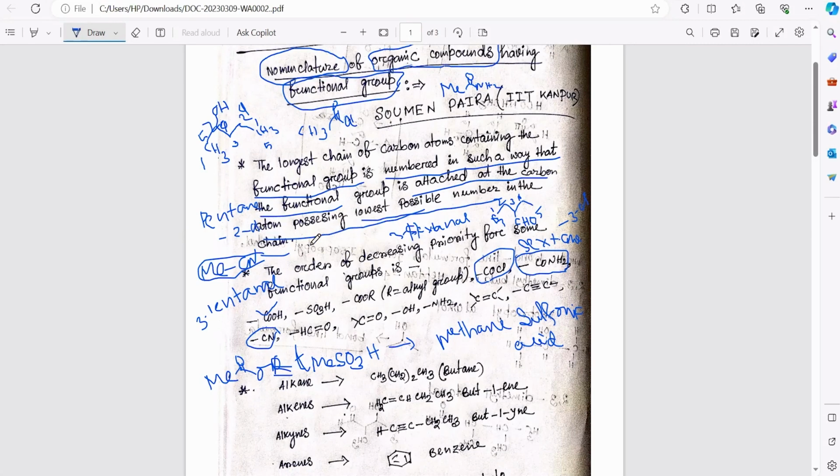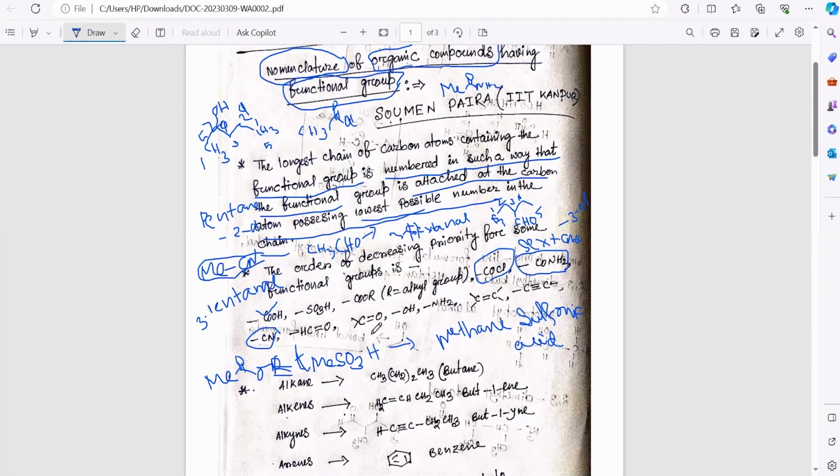Suppose any molecule contains CH3CHO. That means aldehyde, acetaldehyde. CH3 is there and the aldehyde CHO group is there. So you can call it acetaldehyde.